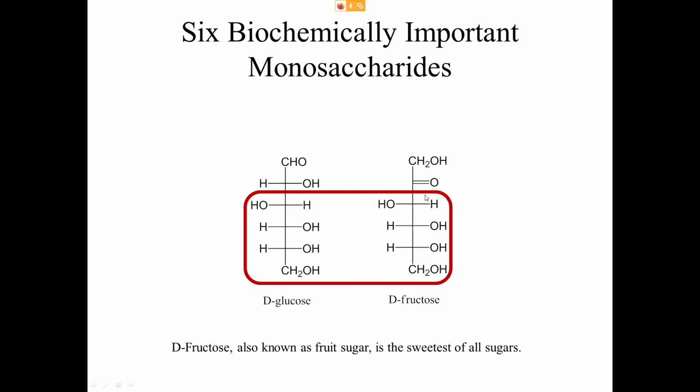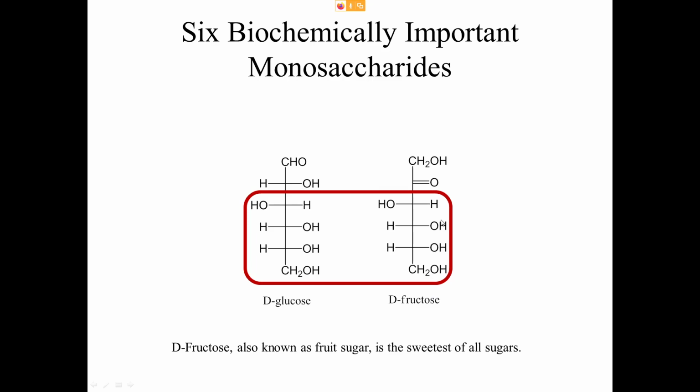But this is a ketose. These are aldoses. So you don't have to remember fructose as a new sugar. You can memorize glucose like you did before and say, what's the difference? I just move the aldehyde down to number 2 and make it a ketone. And that leaves 2 hydrogens on the first one, so it doesn't matter where you draw the OH because it's not chiral. So again, like galactose, fructose is not another sugar you need to memorize.